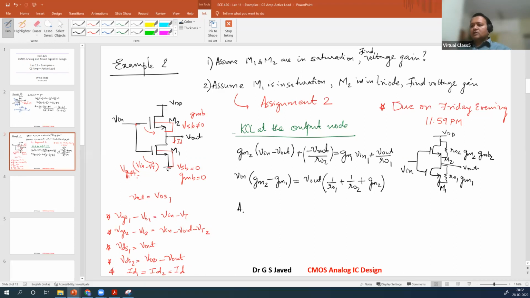So AV is equal to V out by V in. How much is V out by V in? V in goes here, this term becomes below. So GM2 minus GM1 over 1 over RO1 plus 1 over RO2 plus GM2. Right? This is going to be your factor.